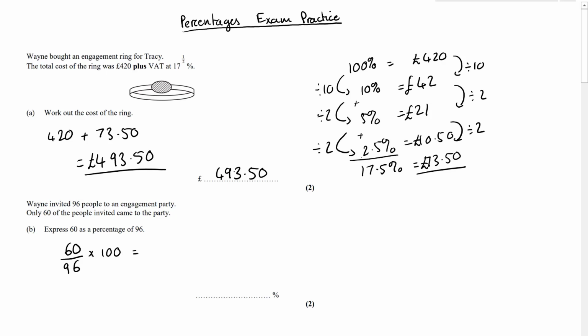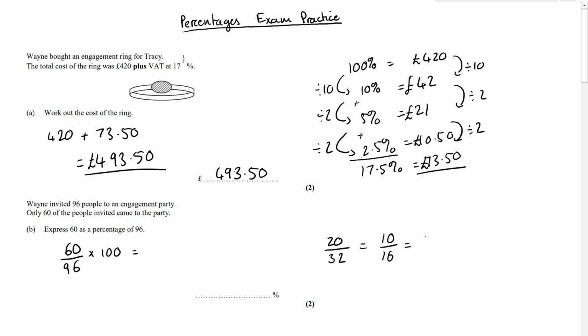And then 60 over 96, if this is a non-calculator paper, you'd be able to simplify down a little bit. So we could divide top and bottom by 3, which is going to give you 20 over 32. And then we could divide top and bottom by 2, which is going to give you 10 over 16.